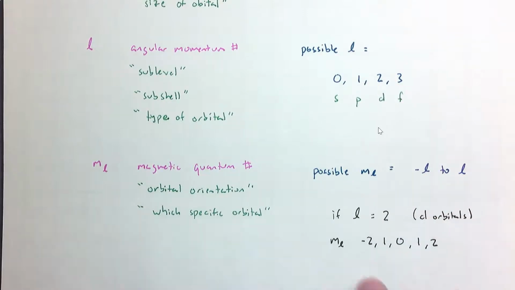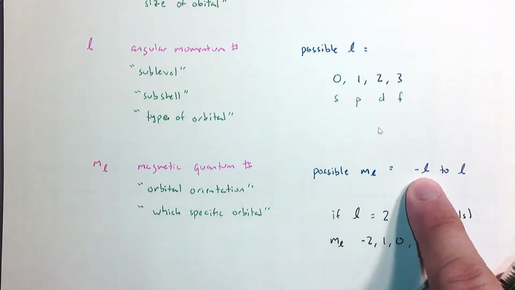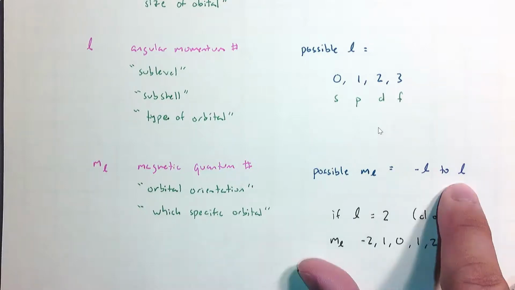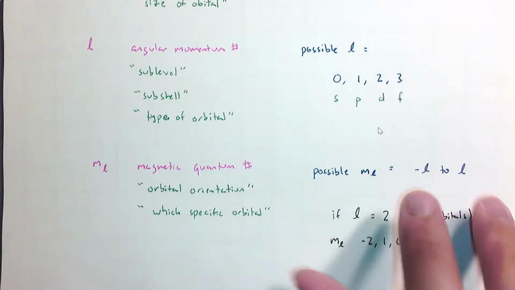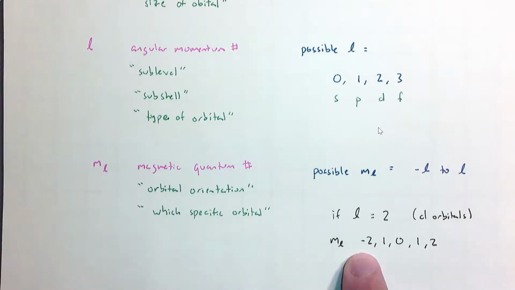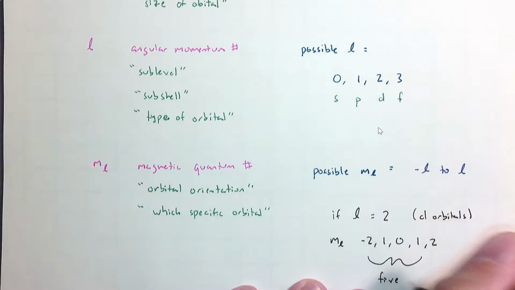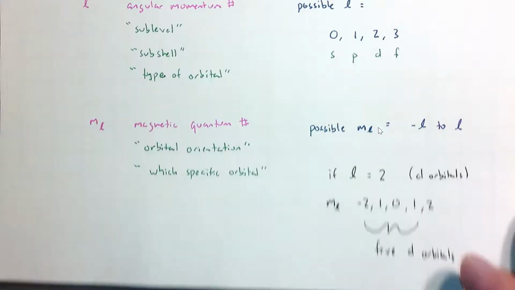You notice how we go from -2, negative L, to positive L, which is +2. If you list all the integers between those two, including -2 and 2, you get 5. This tells you that there are 5 d orbitals.